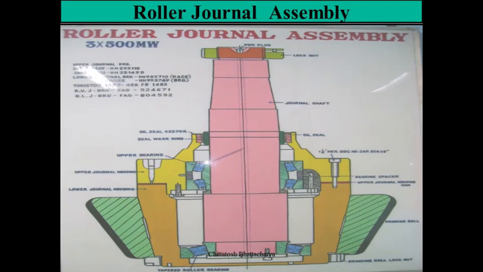The classifier has classifier blades. These blades create centrifugal force, and due to this the heavier particles get dropped and recirculated back into the bowl, and smaller particles, according to the fineness, go through the discharge valve to the coal carrier pipe.